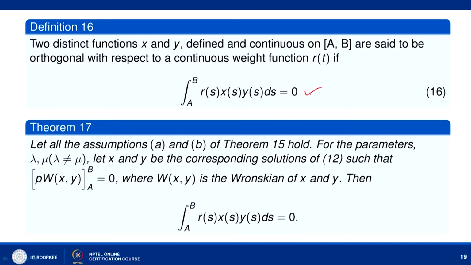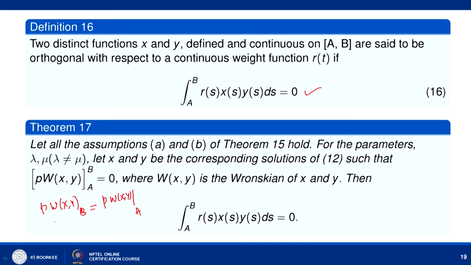Basically it is p W(x, y) at b minus p W(x, y) at a, so the two values are the same. Then we say that the integral from a to b of r(s) x(s) y(s) ds is equal to 0.